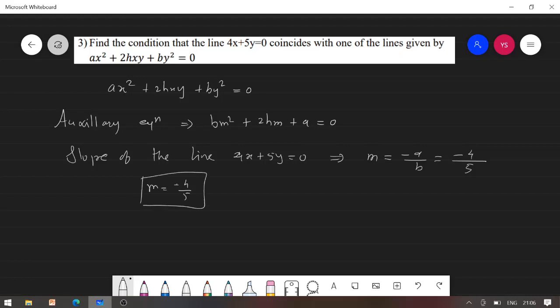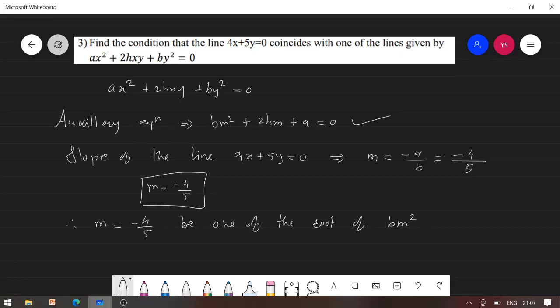That should satisfy the given quadratic equation in m, because the line coincides with one of the lines represented by ax square plus 2hxy plus by square equals 0. Therefore, m equals minus 4 by 5 is one of the roots of the quadratic equation in m.